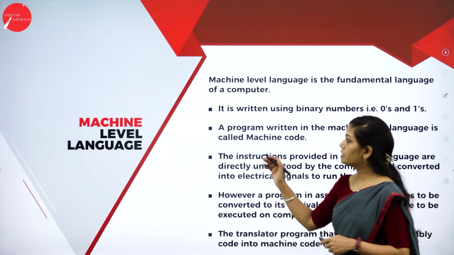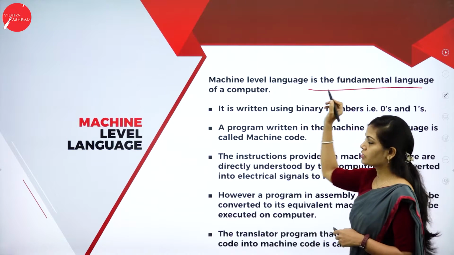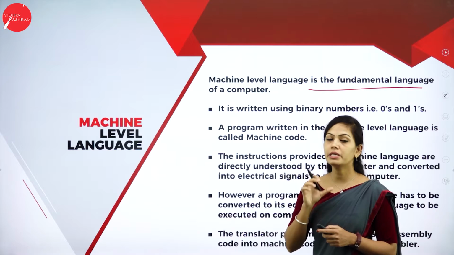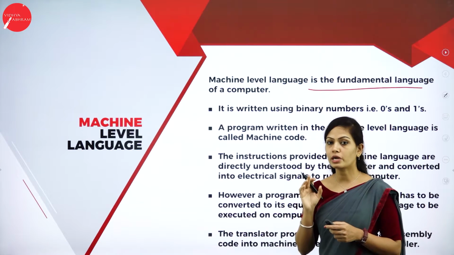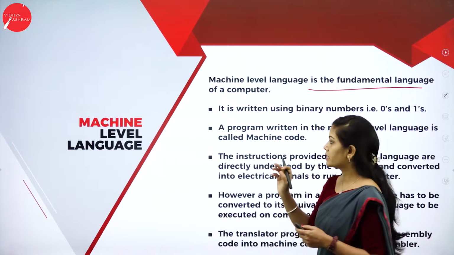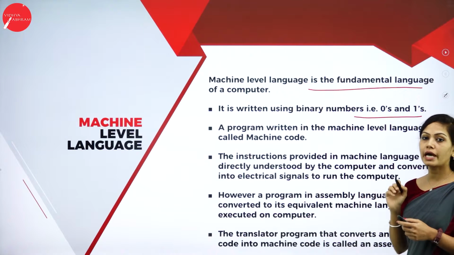So what is machine level language? Machine level language is the fundamental language of a computer. A computer can only understand machine readable language, that is, it is written using binary numbers called zeros and ones.